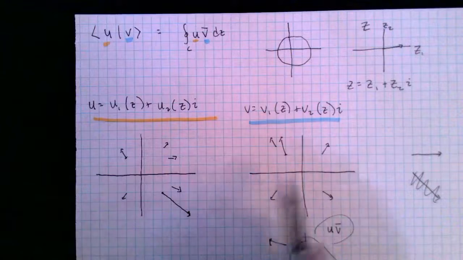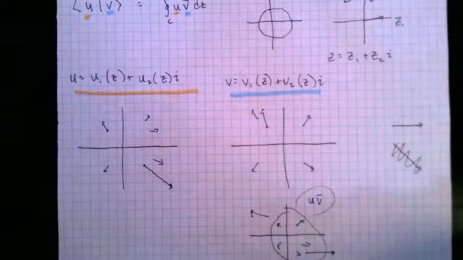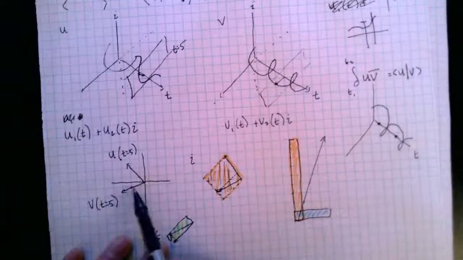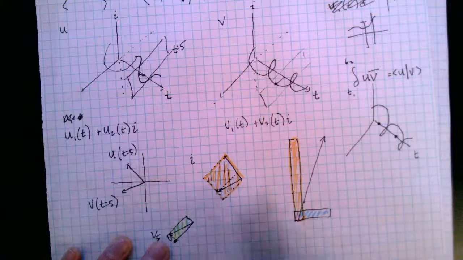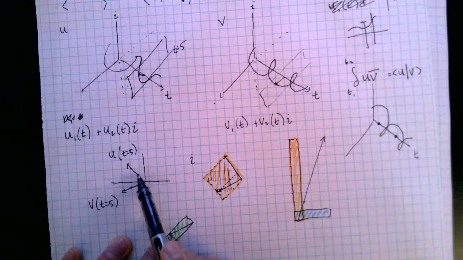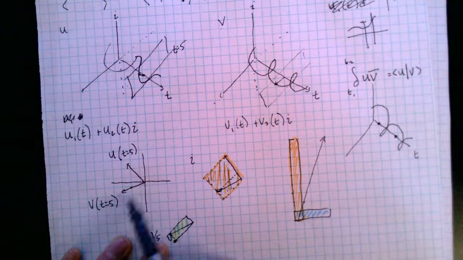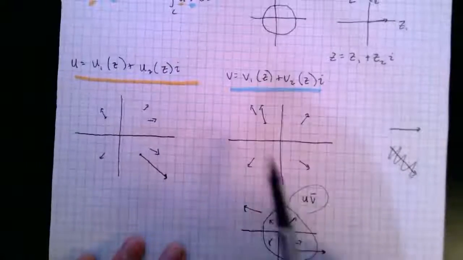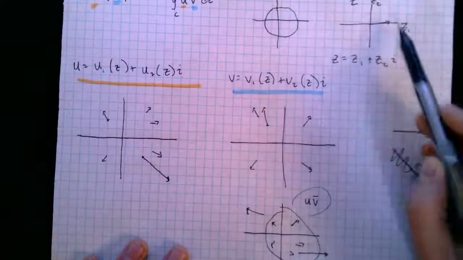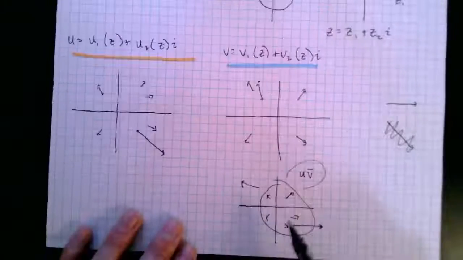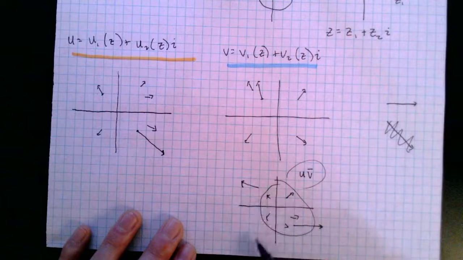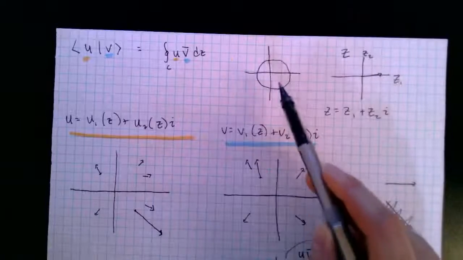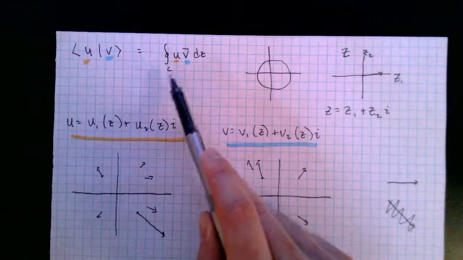And the way to create it is at each point in u and v, you do our same little process here by taking the cross product to get your imaginary value, and the dot product, which is the same as rotating the one and taking the cross, and that gives you your real. You just do that at every point in z. And then that will give you some new function, and then you just integrate it over the domain that was defined in your inner product.